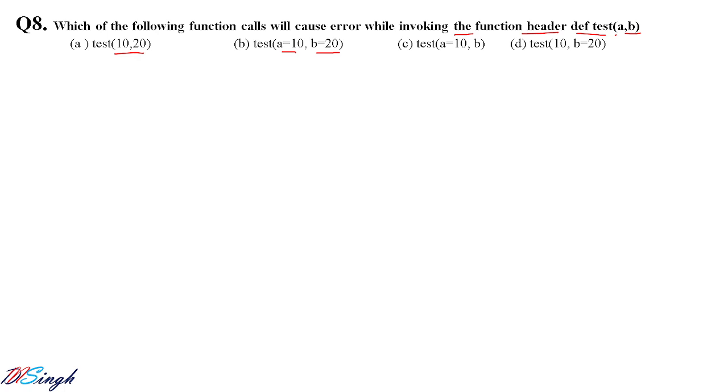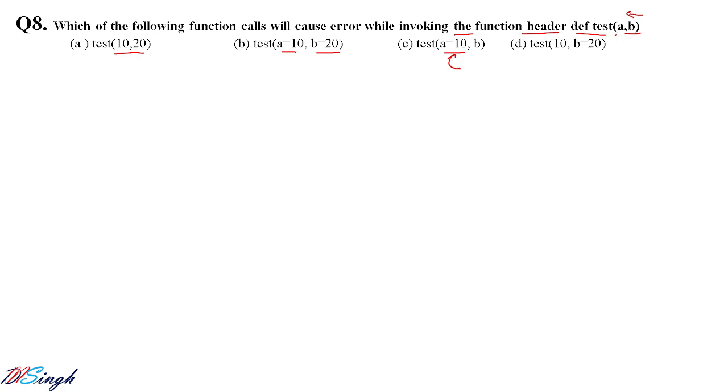But whenever you are passing it like test(a=10, b), there is a problem because you cannot give a default value first and after that the values which are not default. Default values must be given from right to left.